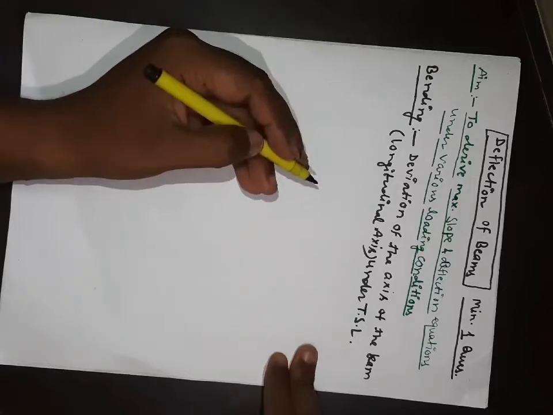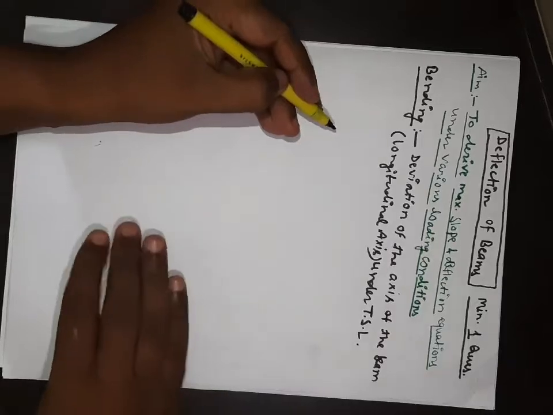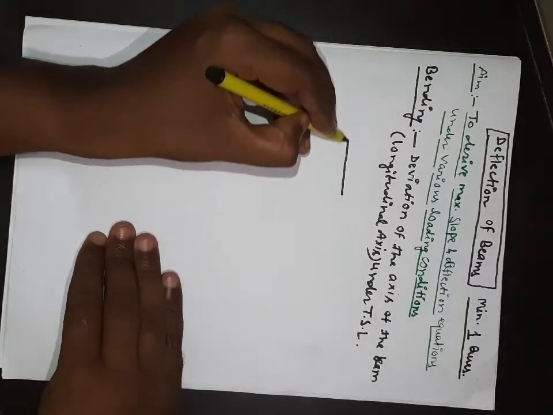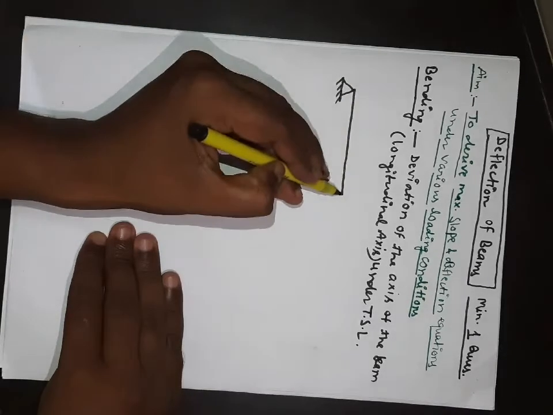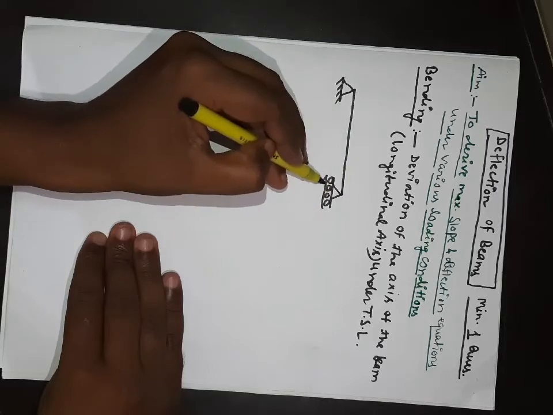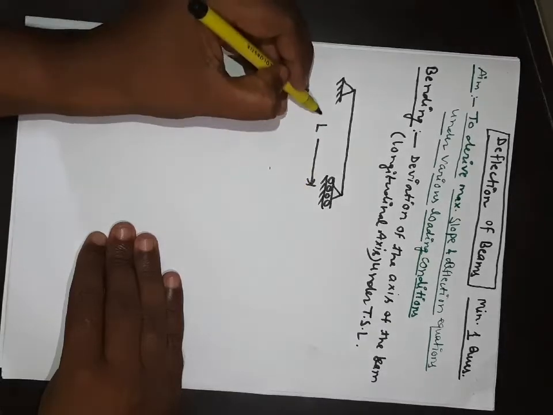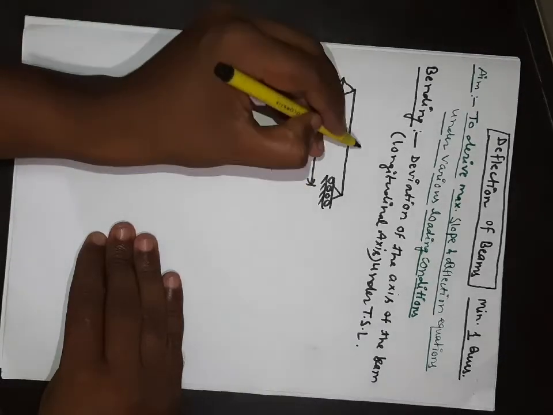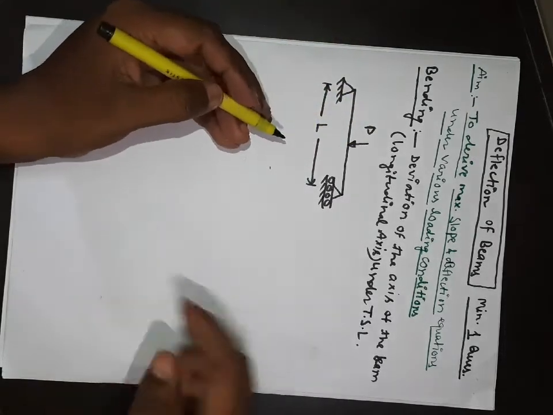So again, deviation. Here one term has come, that is deviation. So what does it mean over here? Suppose I am drawing a simply supported beam over here. Suppose the length of the beam is L and I am applying a transverse shear load of magnitude P over here.